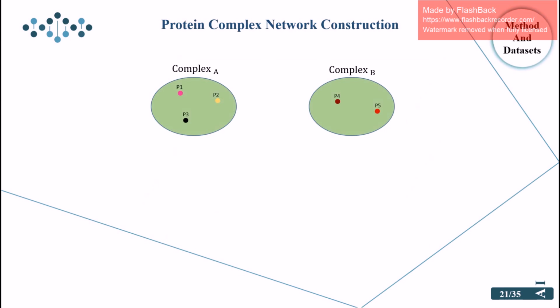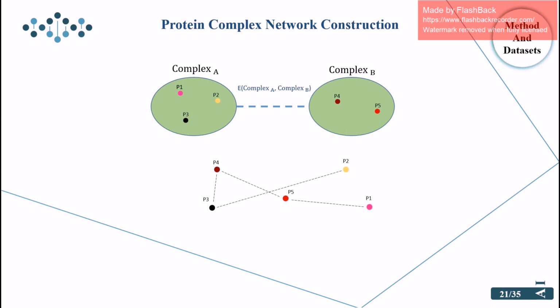The first network that I'm going to explain is the protein complex network. For building a protein complex network, we should find several neighbors for each complex based on their functional similarity. We calculated their similarity, or better to say, their closeness, based on the interactions between proteins involved in those complexes. As you can see in the pictures, each complex contains several proteins, and they might have some interactions.